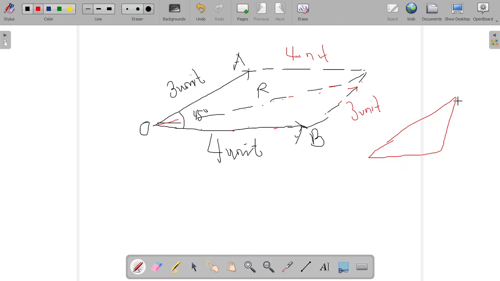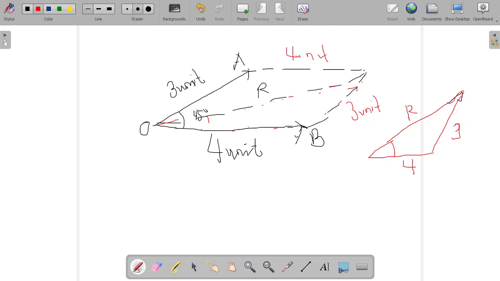Sorry, let's use the red one. So now we have the resultant here. We have the vector of 3 units here, the 4 units here, and we have our angle here, which is definitely not equal to 45 degrees.